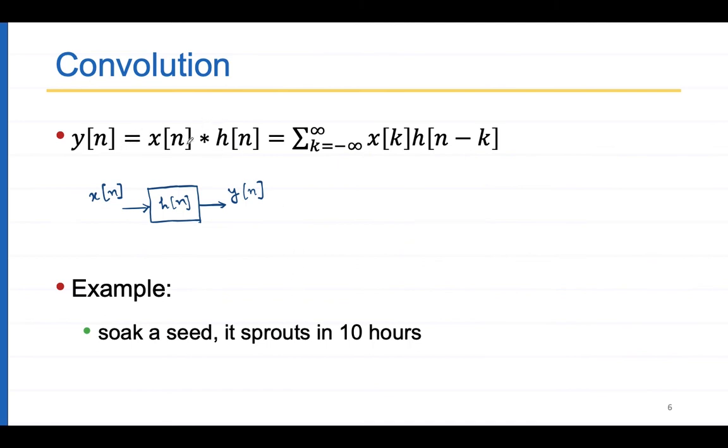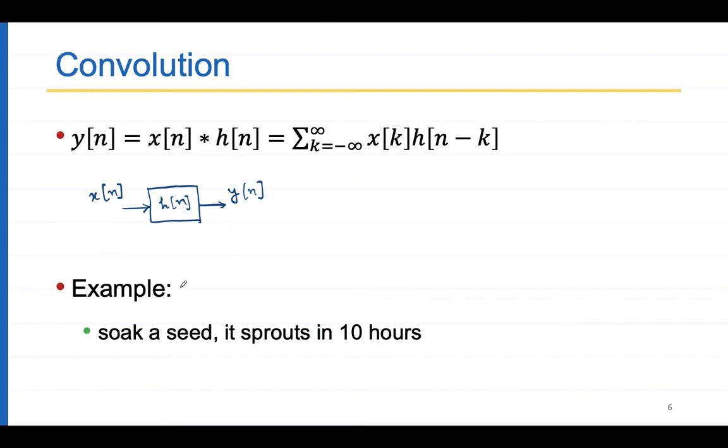In short, if I have an x of n, I pass it through the system T, which can now be represented just by h of n, and I can obtain my y of n very conveniently using this formula. This is the short form notation, x of n convolved with h of n. So this is called the convolution operation.